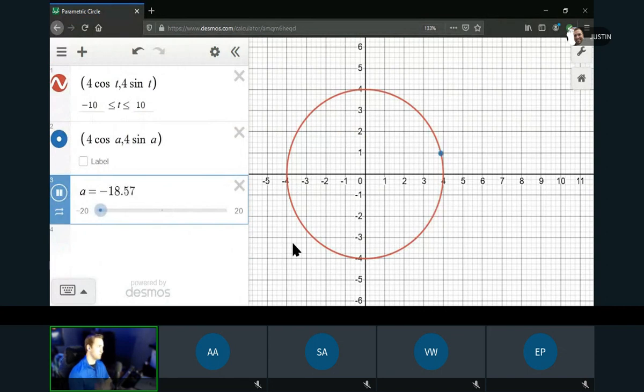So as your t value increases, the location of your point orbits too. By going from -20 to 20, I'm doing, I forgot what it is, maybe like 6, 12, 18, maybe almost 7 rotations, maybe 8 rotations. I don't know. Math is hard sometimes.